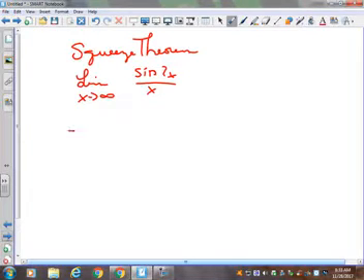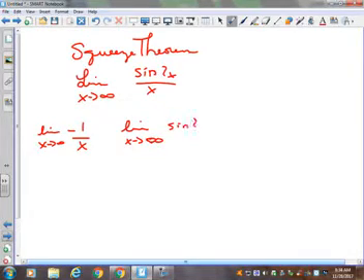So we're going to squeeze it between negative 1 over x, the limit of this as it goes to positive infinity, the original problem, and the limit of x as it approaches positive infinity of 1 over x. And usually this is written with less than or equal to marks between these.